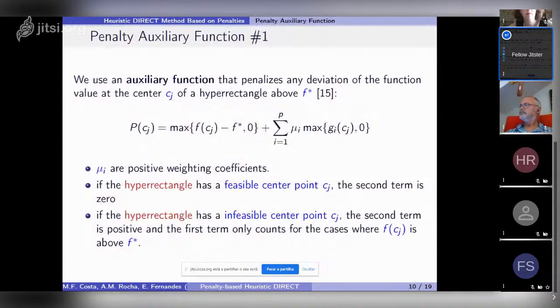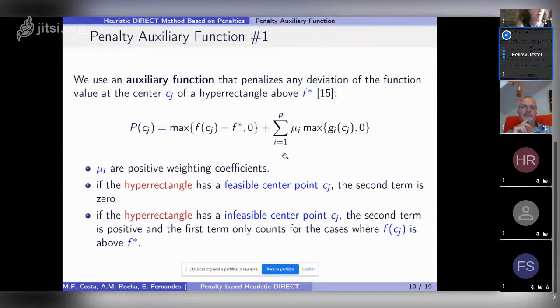Now I'm going to give a brief description of the penalty auxiliary function. We use this auxiliary function proposed in this paper here that penalizes any deviation of the function value at the center C of a hyperrectangle above the optimum value known. Here, mu are positive weighting parameters, and if all hyperrectangles have feasible center points, the second term here is 0.